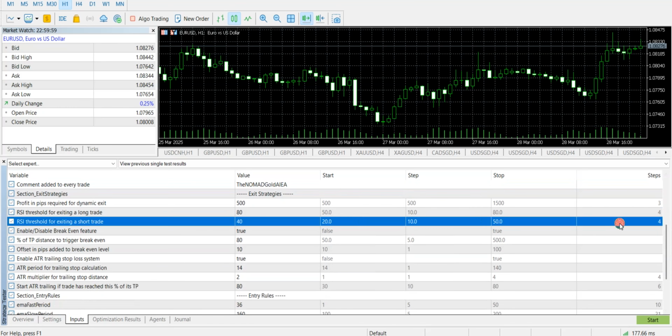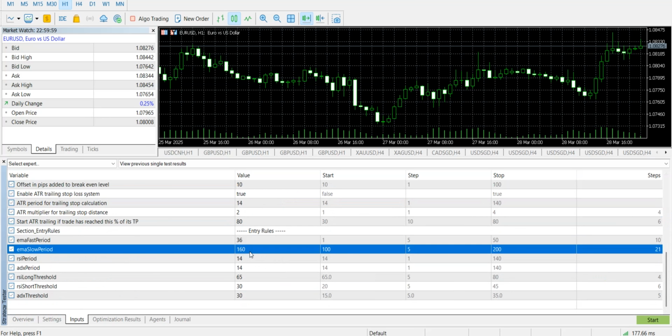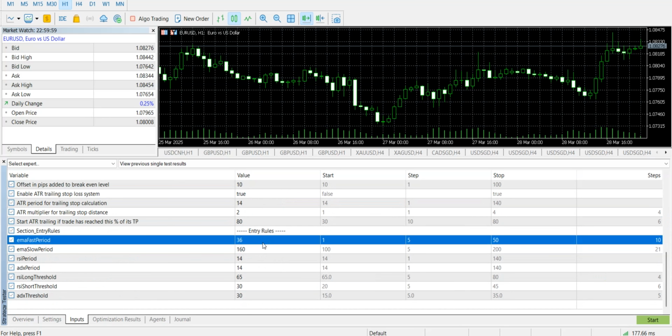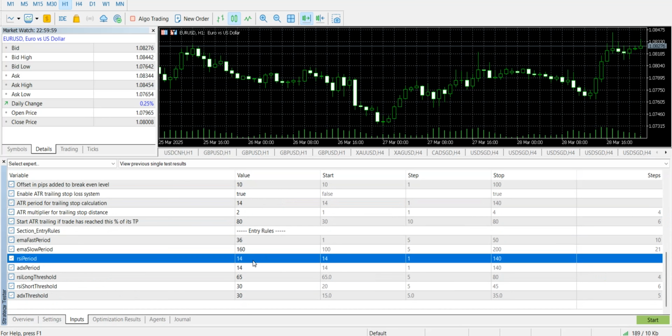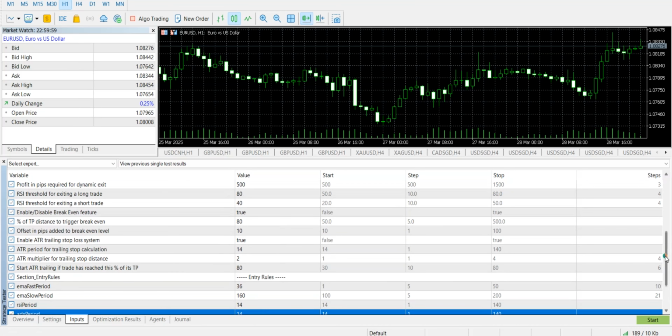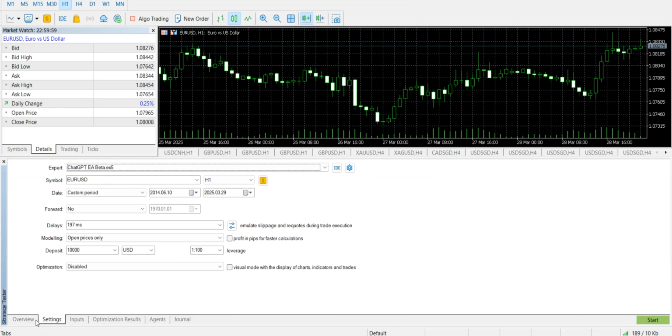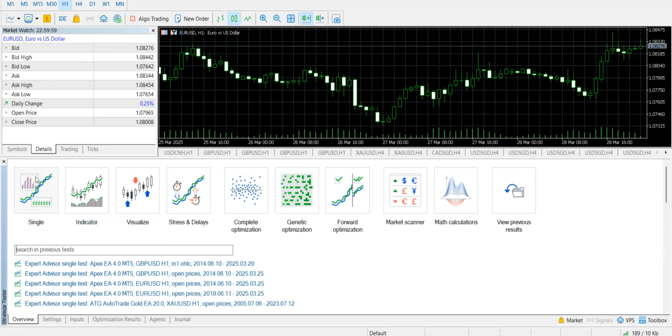The strategy is based on EMAs, exponential moving averages, and an above-below condition. We have an above-below condition for the RSI and for the ADX. This is our entry strategy, and we have some exit strategies that are pretty complex, and this is the reason why it is actually doing great.